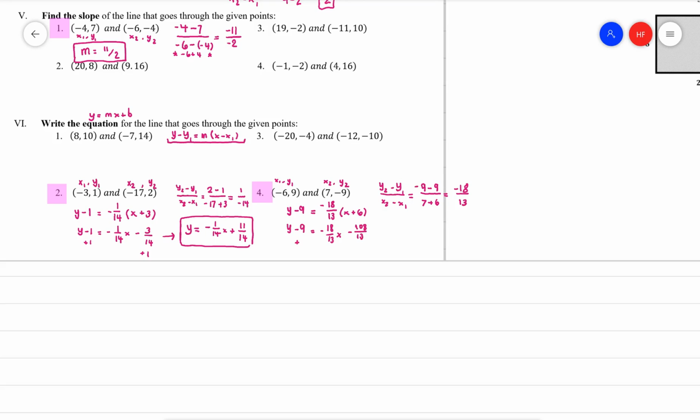And the problems on the test will not have crazy fractions like this, so don't be afraid of fractions, but also don't worry about them. So we have y equals negative 18 over 13 x. So negative 18 over 13 is my slope. And then we have negative 108 over 13 plus 9, which is positive 9 over 13.